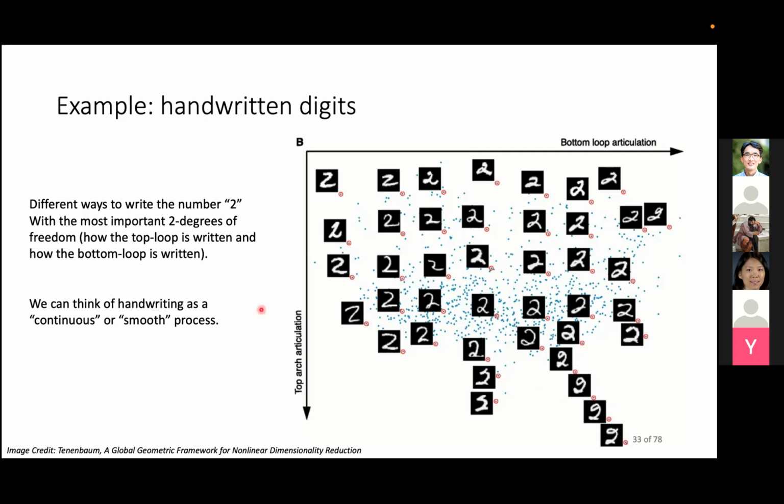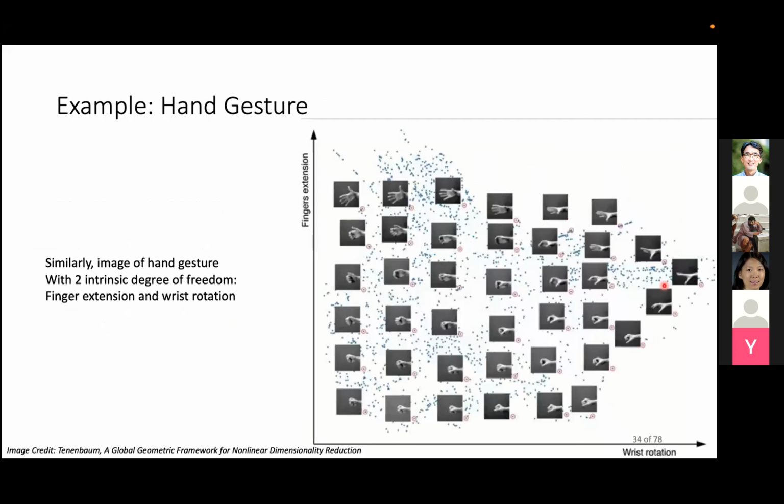If you have a continuous smooth process, somehow they lie in this lower dimensional space, and you can visualize them using clusters. The same goes for hand gestures with 2 intrinsic degrees of freedom: finger extension and wrist rotation.